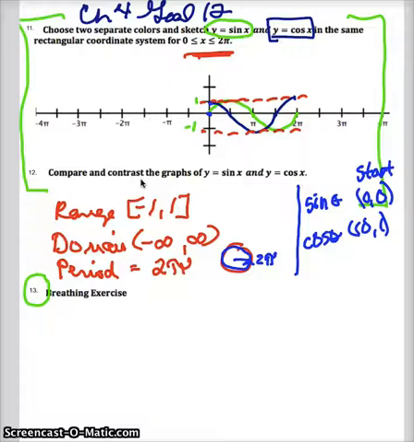So to give a general term to 0, 0, I would call that the origin, but 0, 1 is the maximum of cosine. So sine will always start at the origin, the parent function, and the parent function for cosine will always begin at our maximum.